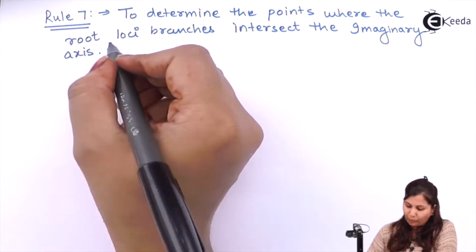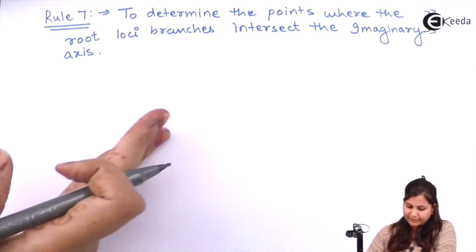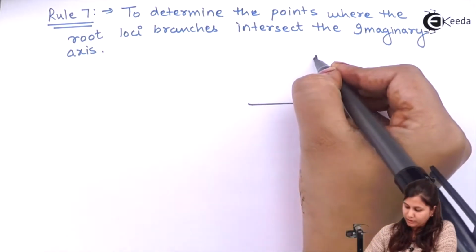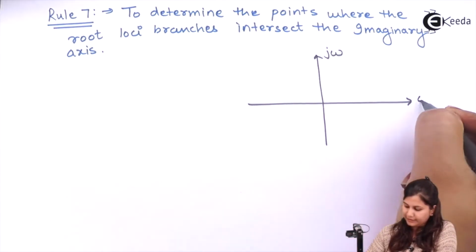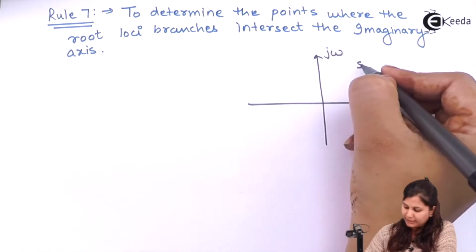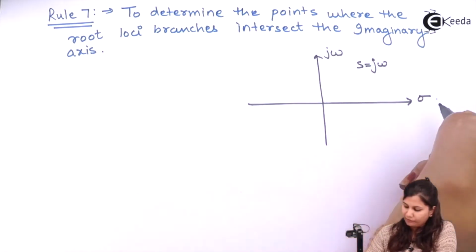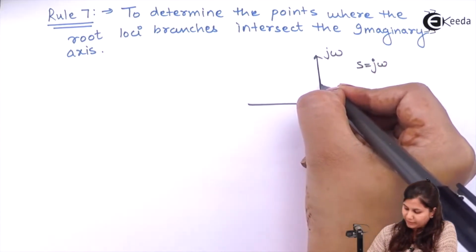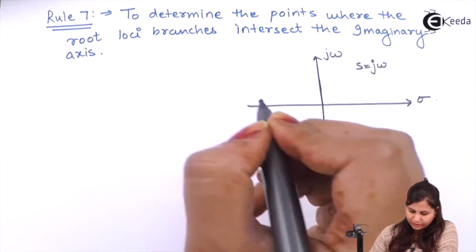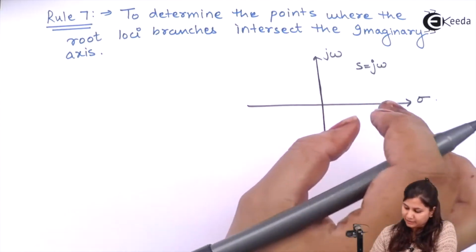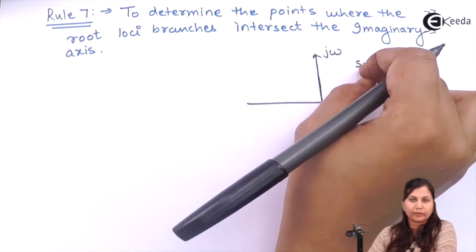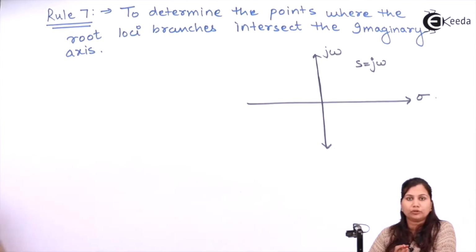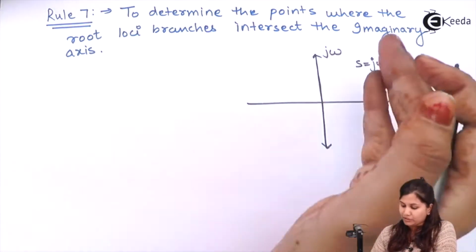So how are we going to find this point? The point at which the branches intersect the imaginary axis is j omega, and this is our real axis. So whenever we put s equals j omega and make the real part 0, that point will be on the imaginary axis. So in the characteristic equation, if we put s equals j omega, we will be able to get the point of intersection of the root locus with the imaginary axis.